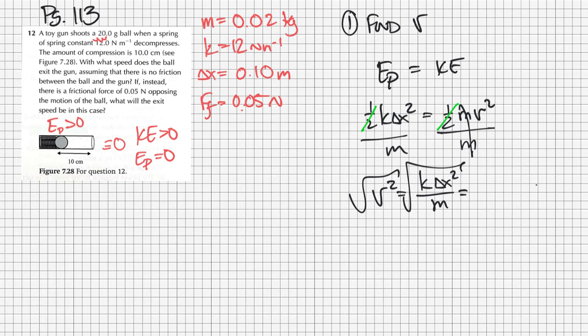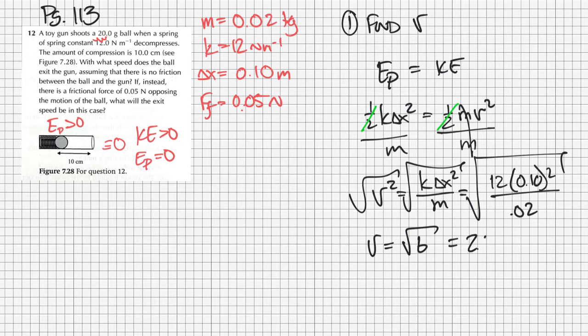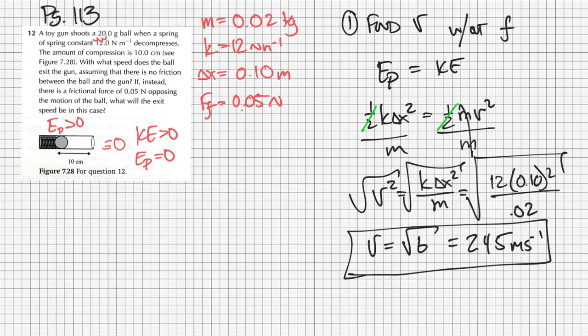Square root both sides. So that's going to be the square root of K times 0.1 squared divided by 0.02. That's going to come out to be the square root of 6, which is about 2.45 meters per second. So that's how fast it's coming out without friction.